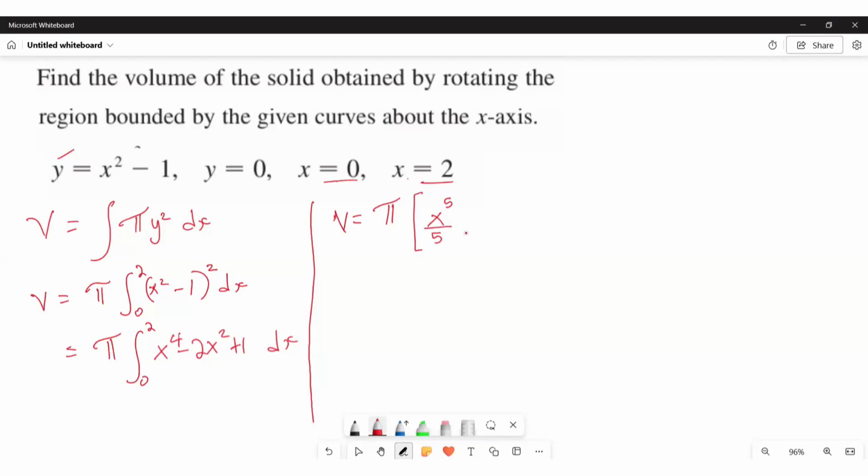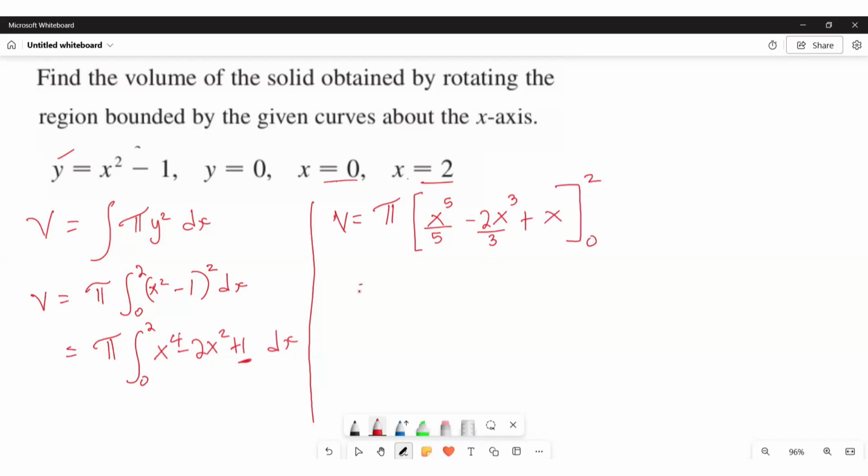And then we have negative 2x to the second. We're going to add 1 to it, making it 3, and then we divide by that new power. The integral of a constant, which is 1, will just become x, okay?